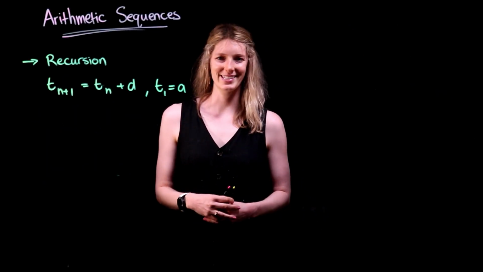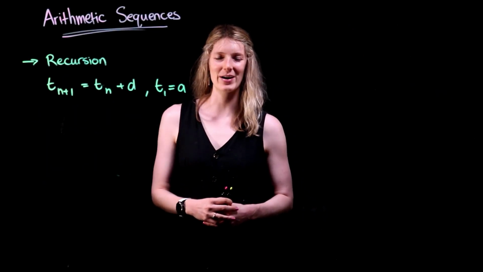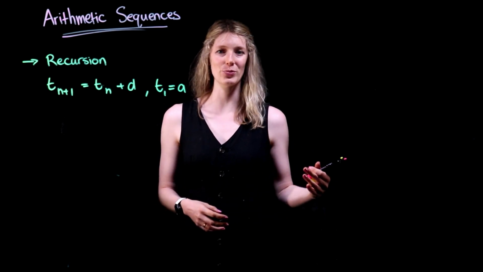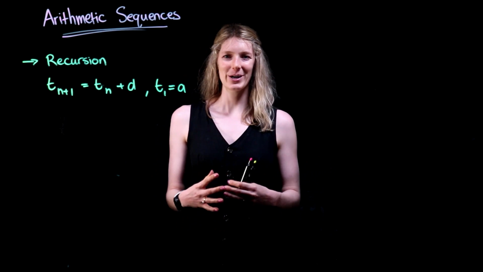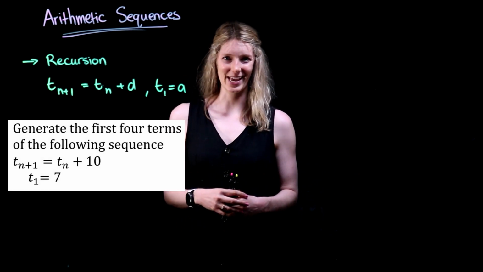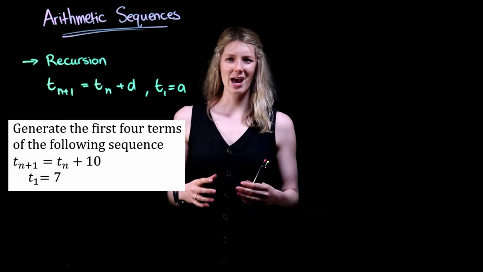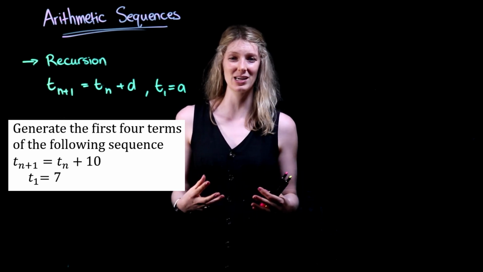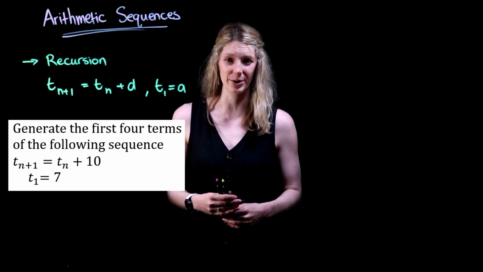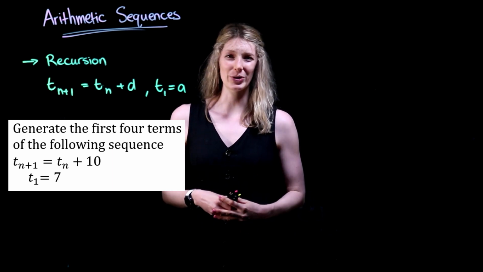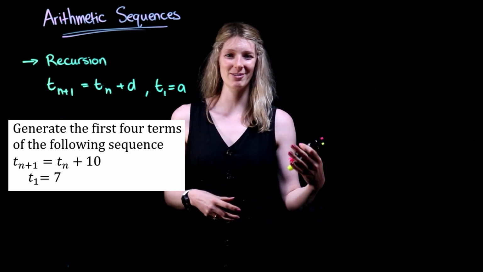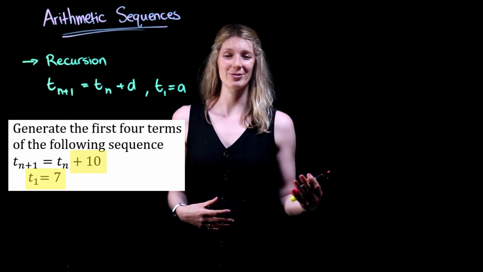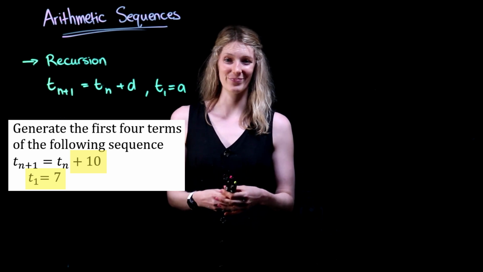Now that we have established our recursion with our arithmetic sequences, we can use this to generate terms within a sequence. We're going to start off by having a look at this example here, where we have been asked to generate the first 4 terms of the arithmetic sequence given this information. So we've been told that for each successive term, we need to take the term before and add 10, with an original term of 7.